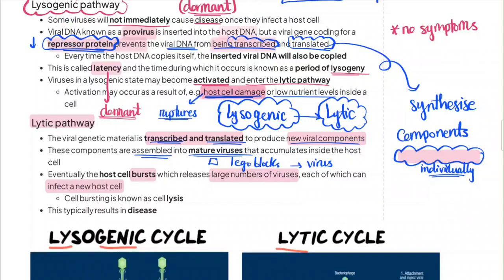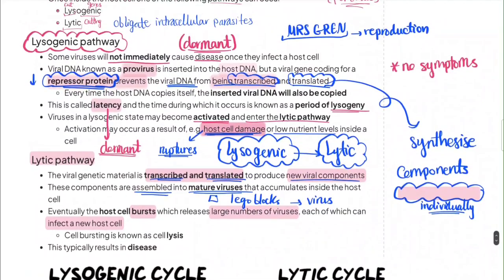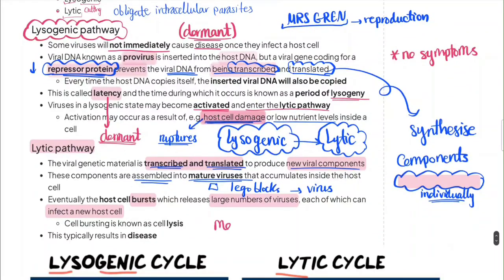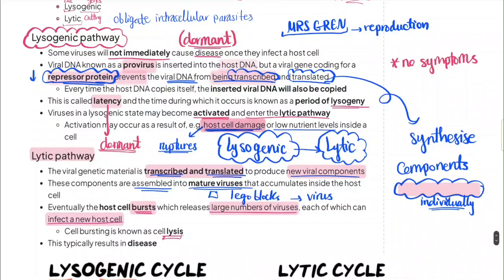So each one of these can inject their genetic material all over again into a whole new bacterium and cause this cycle to continue, causing more cell deaths and cell ruptures. Okay, the host cell bursts, which releases a large number of viruses that can infect a new host cell, and this is called lysis.